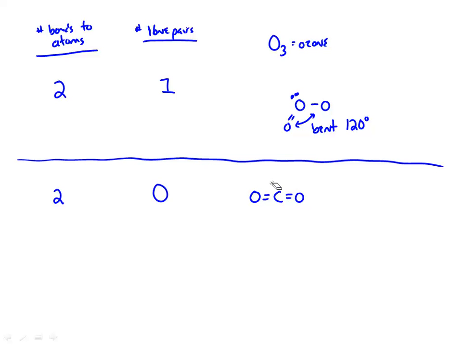Oops, there's no lone pairs on carbon. Got to put lone pairs on oxygen. And I draw it linear because really it is linear, meaning that bond angle is 180 degrees. And if you draw the CO2 molecule where you're using the flexi bonds to 2 atoms, you'll notice that automatically gives it that linear shape.